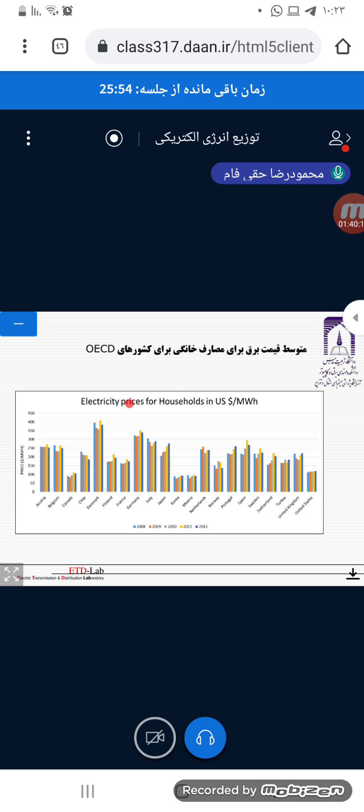This is the other characteristic. This is the electricity prices for households in US dollars. Please see.